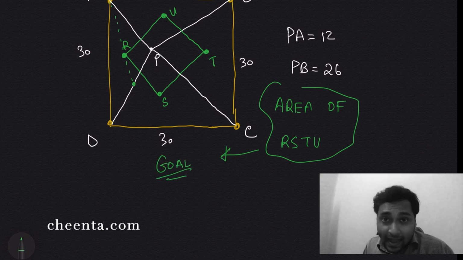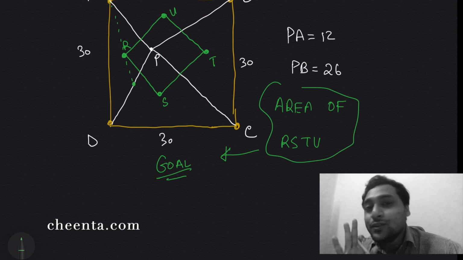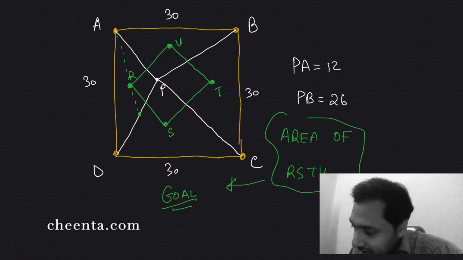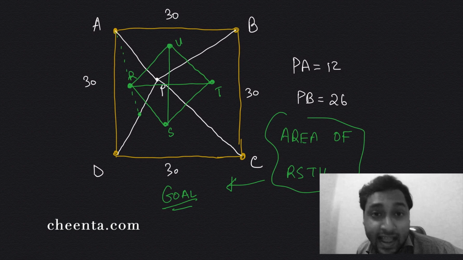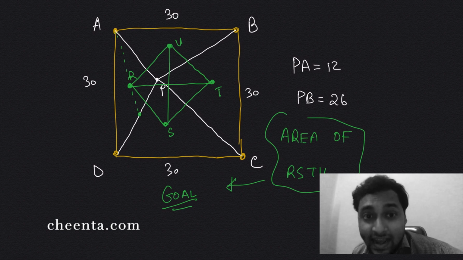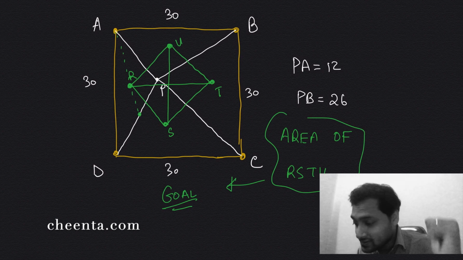Now to do that, we will start with a very simple but very useful idea. And that is that RT and US, the diagonals of this quadrilateral, are parallel to the sides of the square.